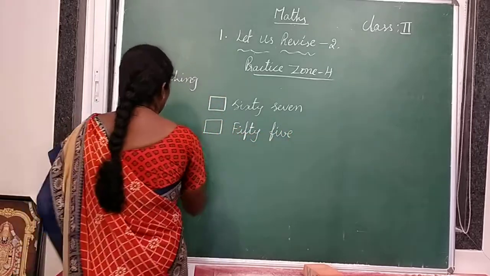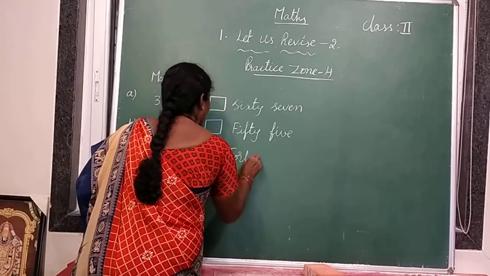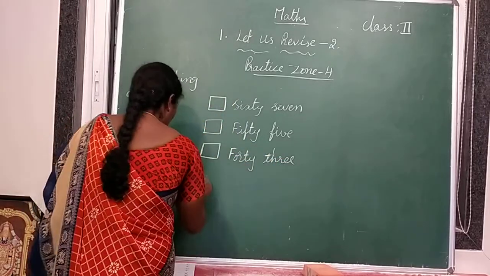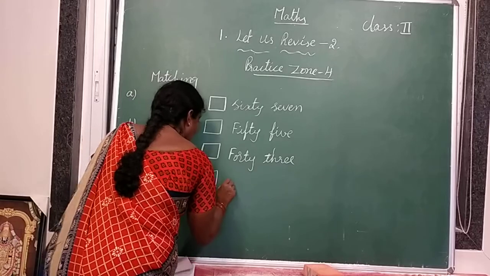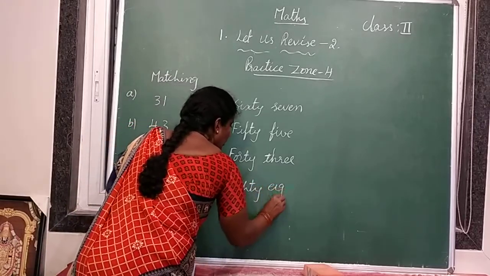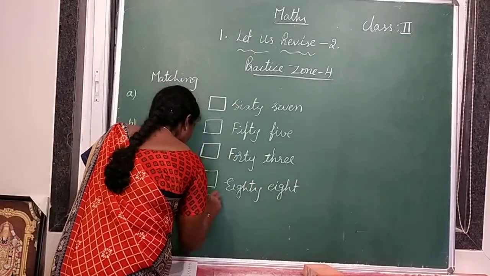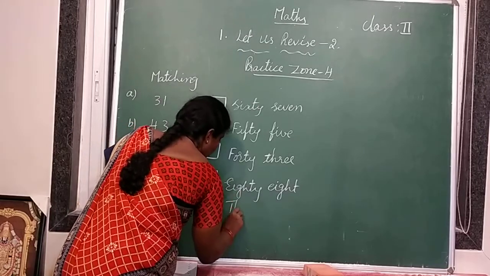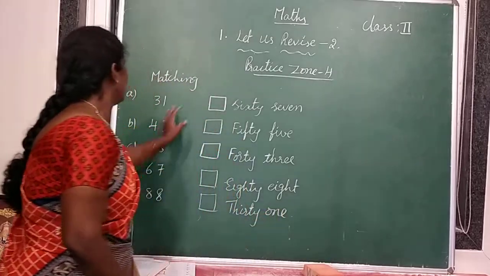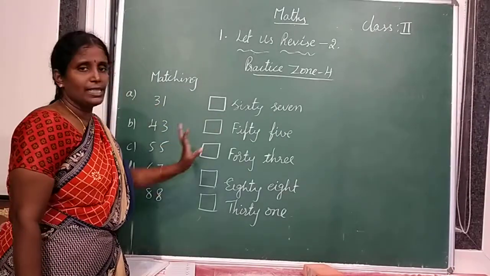Next, 43. Next, 88. And next, 31. So this is a table. Now you have to match the number and its number name.